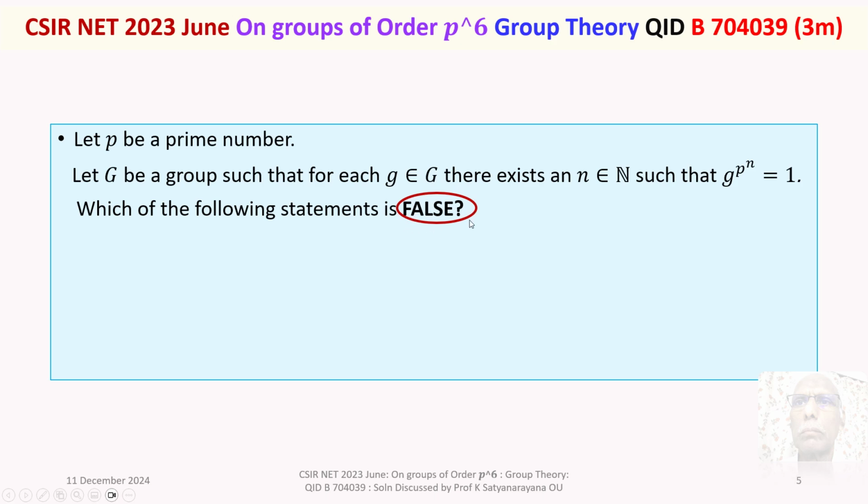There is a stress on false. That means out of the 4 statements given in the options, one of them is false and the remaining 3 are true, and you have to find that false statement.